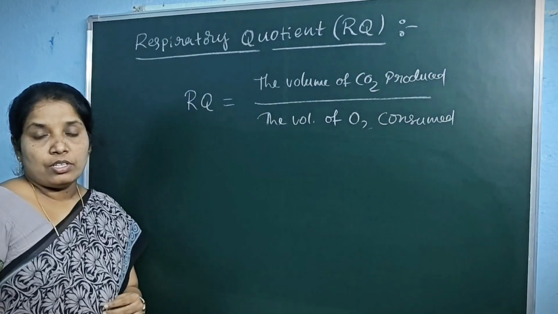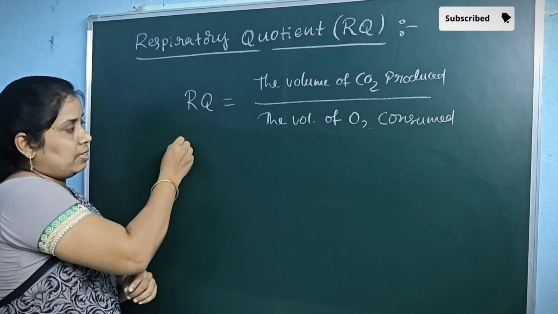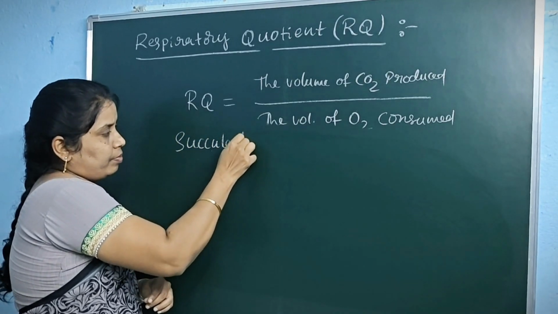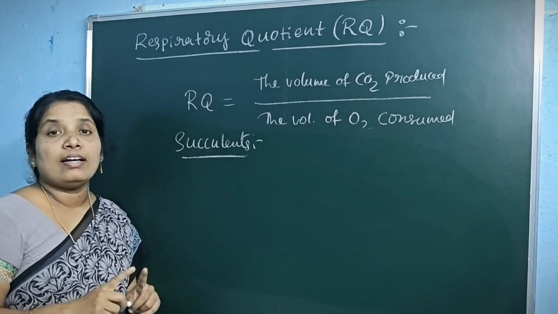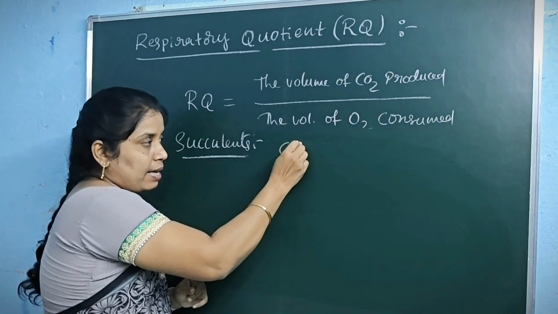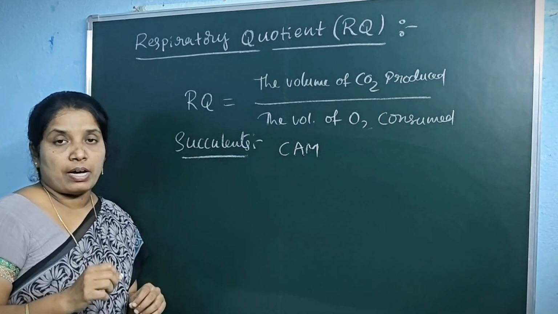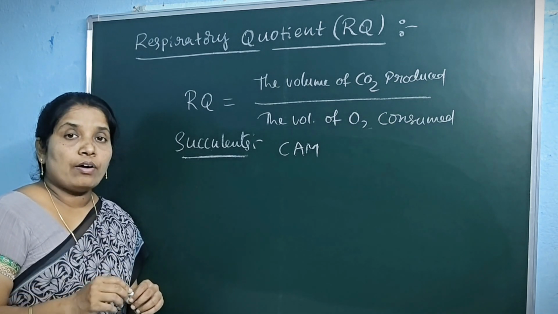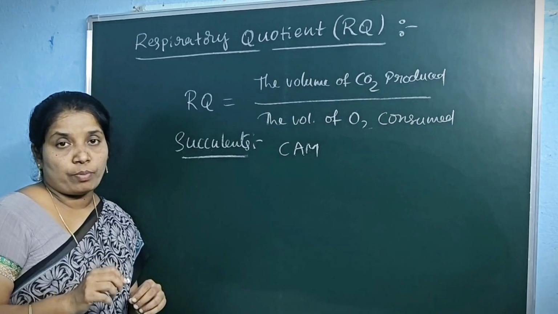Let's see the RQ value for succulents. Succulents show a special type of photosynthetic mechanism, the CAM pathway, crassulacean acid metabolism. Here the succulents have a special type of stomata, scotoactive stomata.